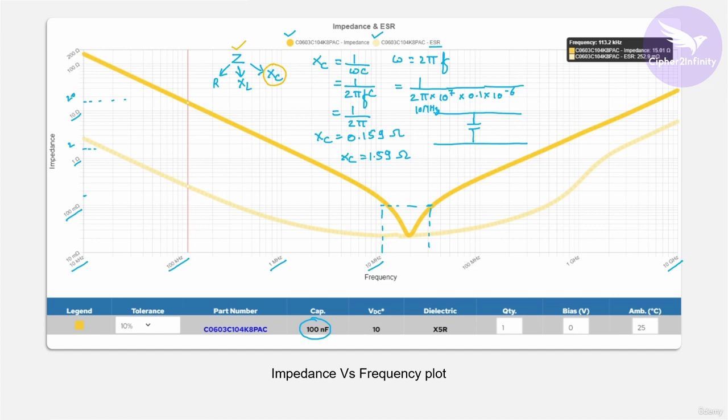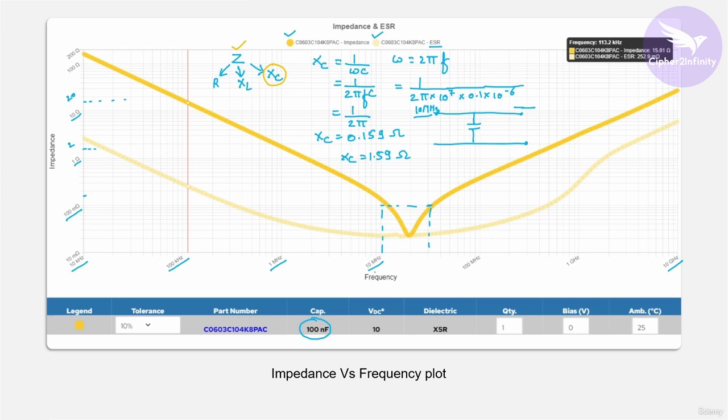So this 10 megahertz frequency will travel through this capacitor towards the ground, and that frequency will not be available on the output side. If you connect this point with respect to this point on the DSO, you will get nothing on the output side, because this frequency will be completely eliminated by the capacitor by showing a low impedance path.